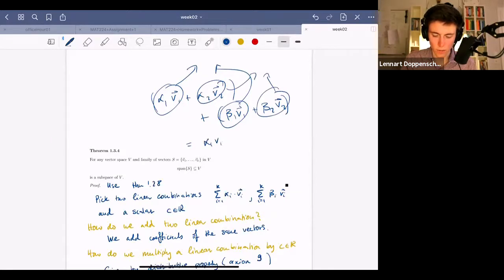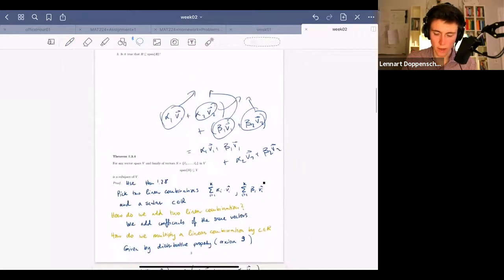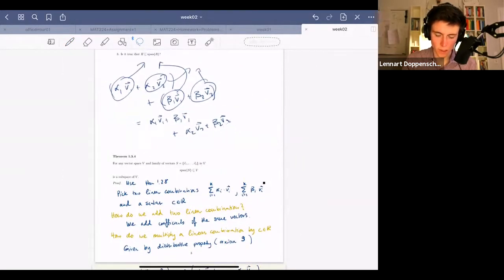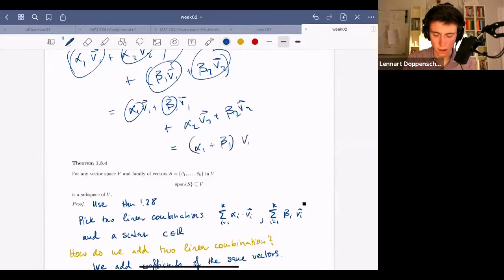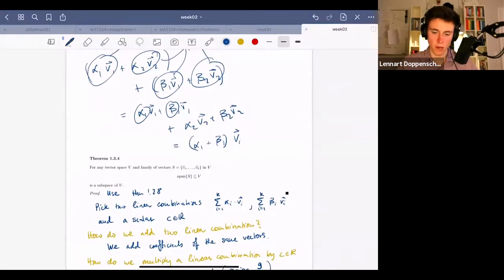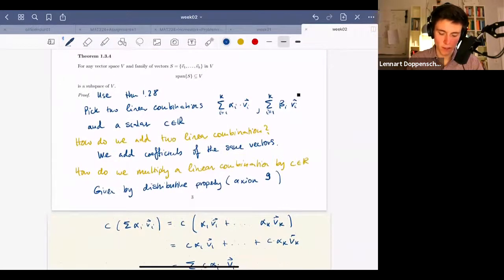So you would have alpha 1 v1 plus beta 1 v1, and then you would have alpha 2 v2 plus beta 2 v2. So this was commutativity. And then we use the distributive property over scalar addition. So then we can factor these together, and we get the v1 outside. Yes, so that's a good comment, because this means that none of these are chosen.